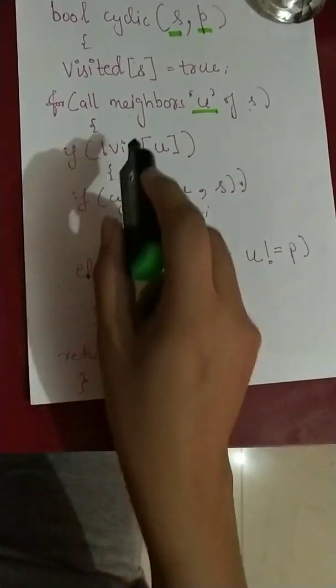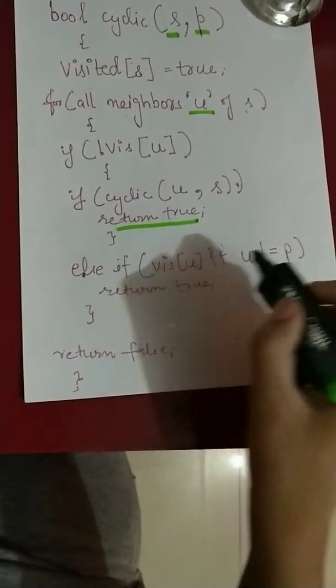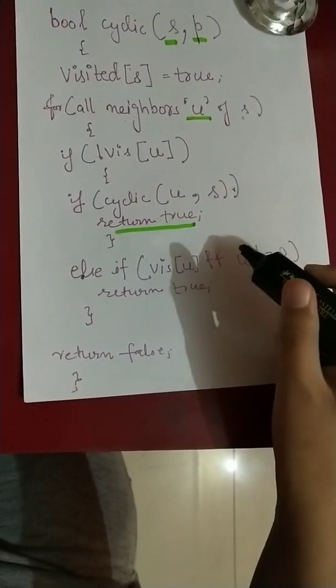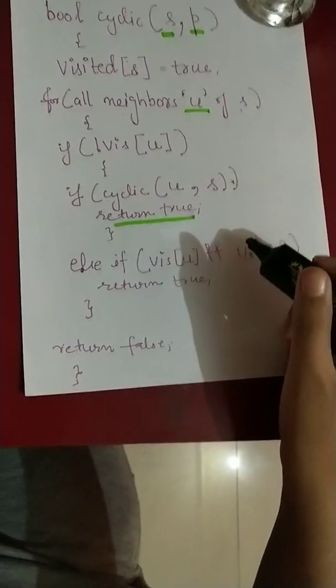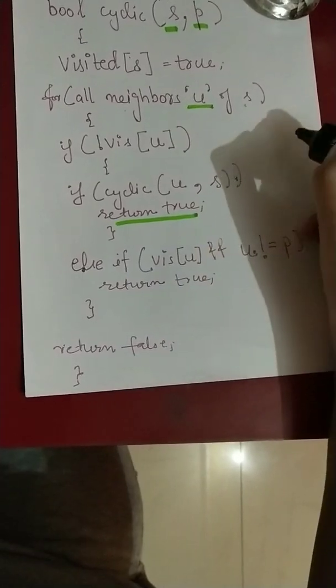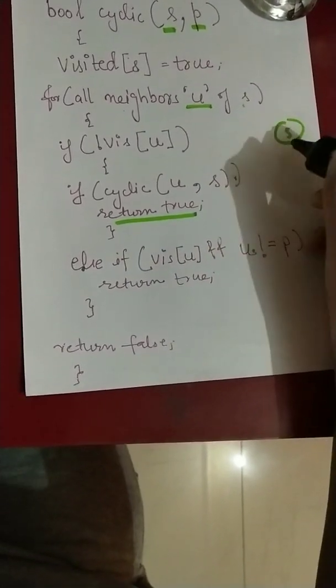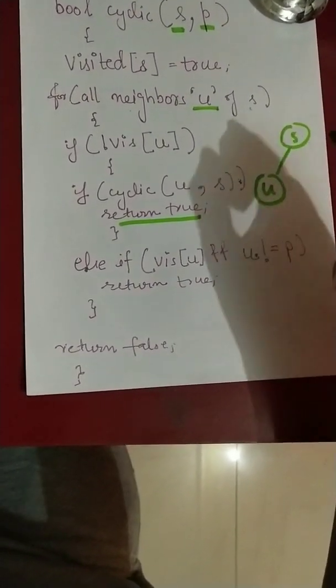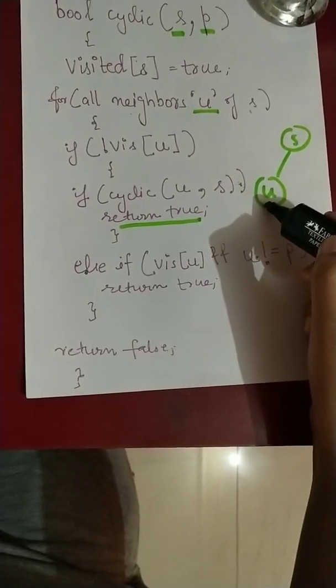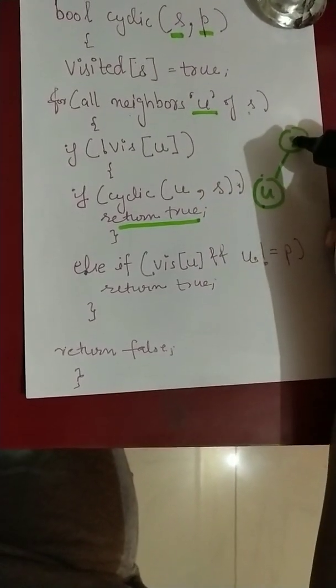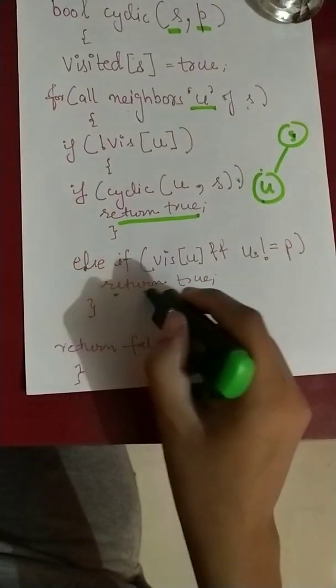Else if U was visited and U is not the parent. So this is that case. I'm saying from S I have come to U. U is already visited and U is not the parent of S. Then also return true.